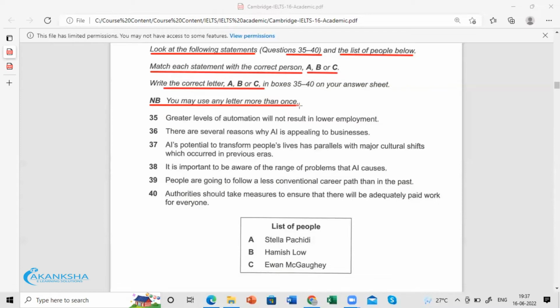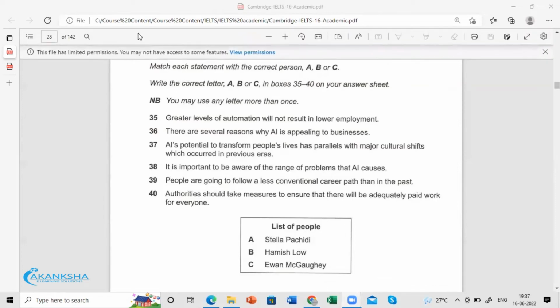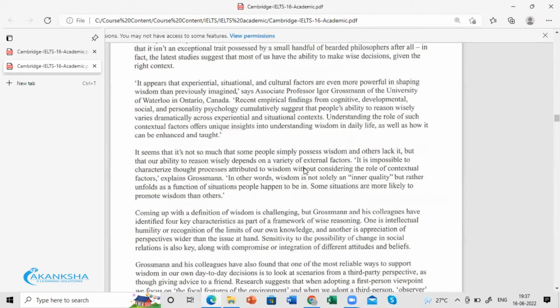Let's see how we do that. The first thing is to observe where these people are. Let's go with one person at a time. So first start with Stella Pechidi.